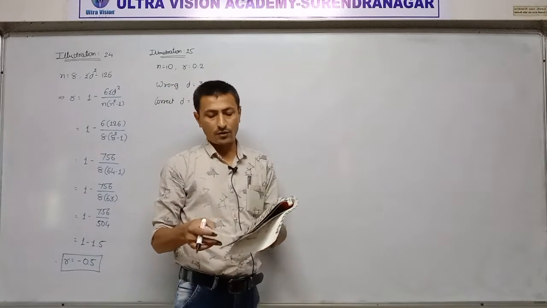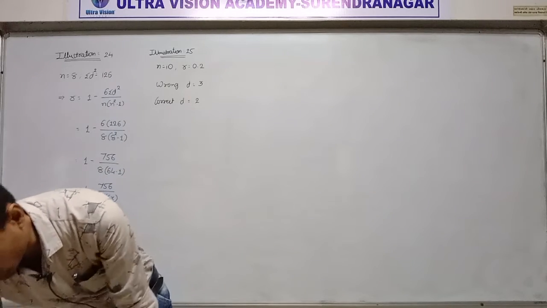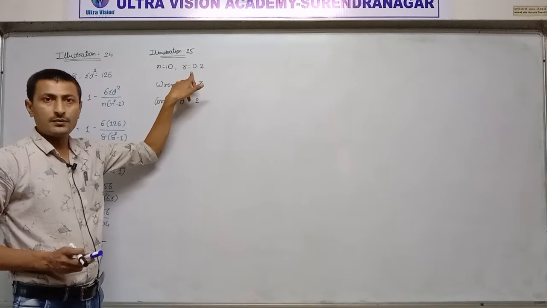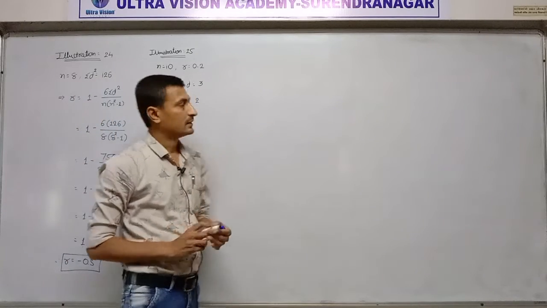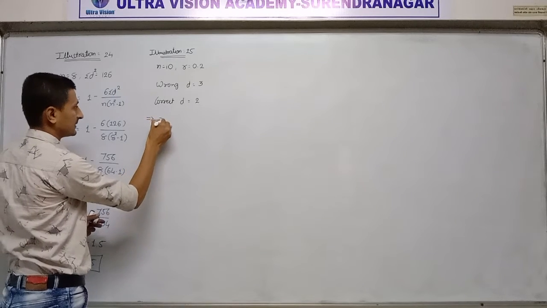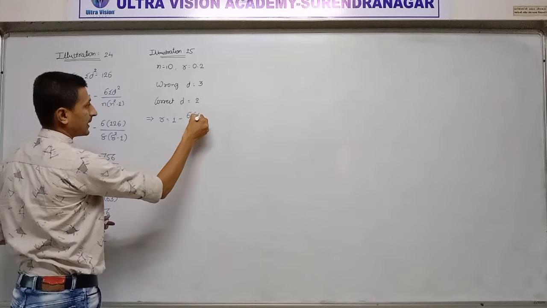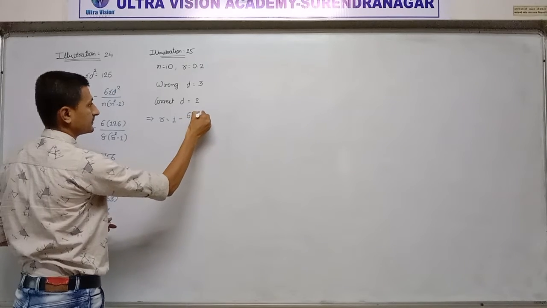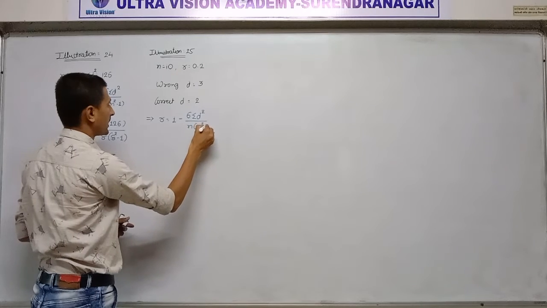Find the correct value of the rank correlation coefficient. Okay, the correct value of the rank correlation coefficient is to be found, and r, two values are given. So first of all, find sigma d square. Write the formula: r is equal to 1 minus 6 into sigma d square divided by n in bracket n square minus 1.